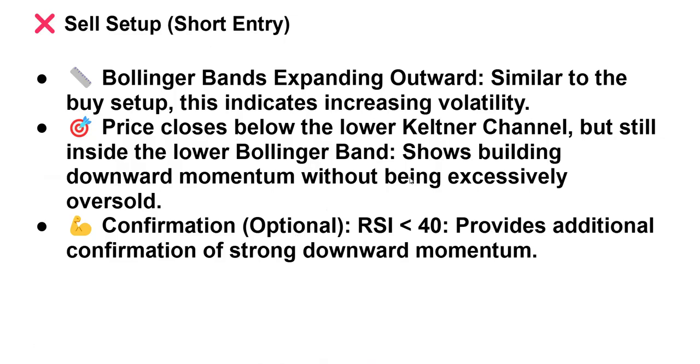You will see RSI below 40, which provides additional confirmation of strong downward momentum. Even if it doesn't go below 40, if the RSI starts crossing below its moving average, that is a signal. And along with the indication on the Bollinger Band and Keltner channel, you get an entry, even an early entry.